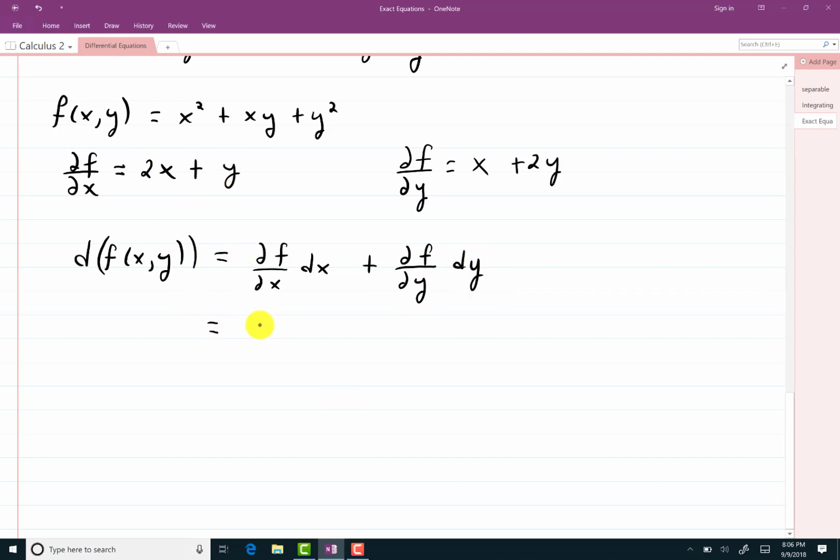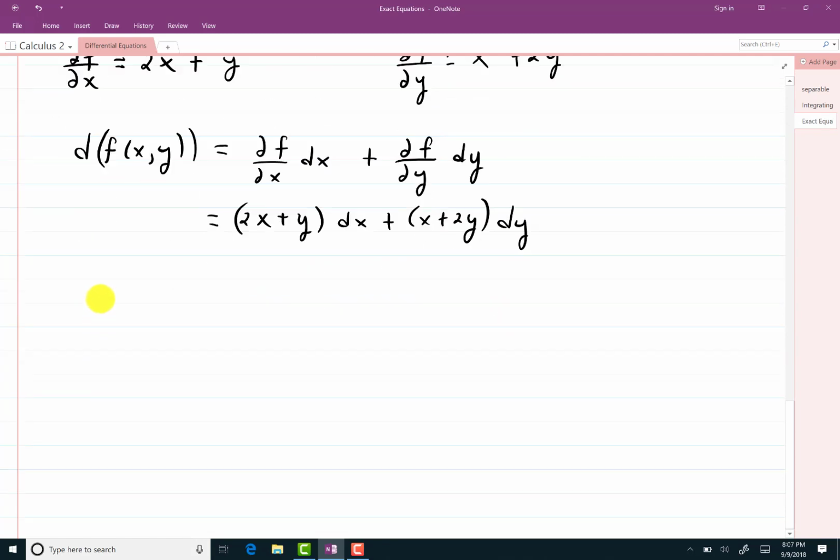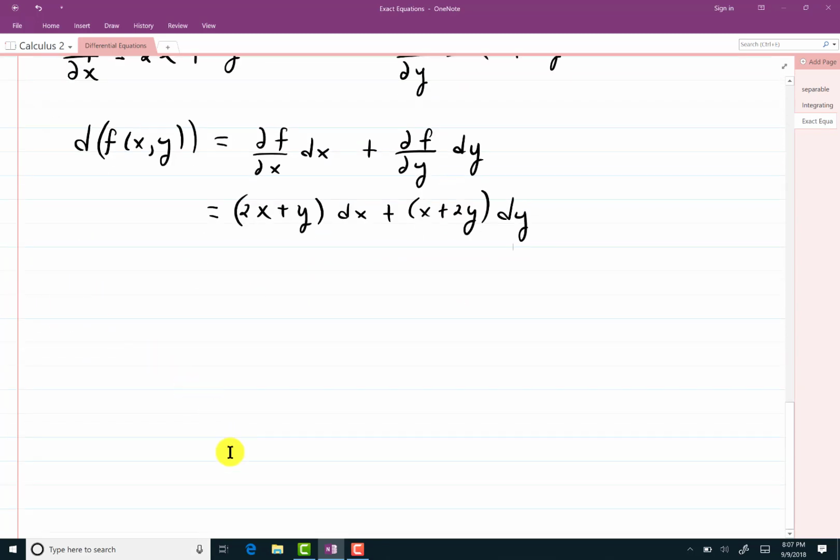I have 2x plus y times dx plus x plus 2y times dy. And that's exactly the expression I had before. So this is the game we're going to play here. This guy right here is the type of equation I'm going to be dealing with. So let me show you what happens then.